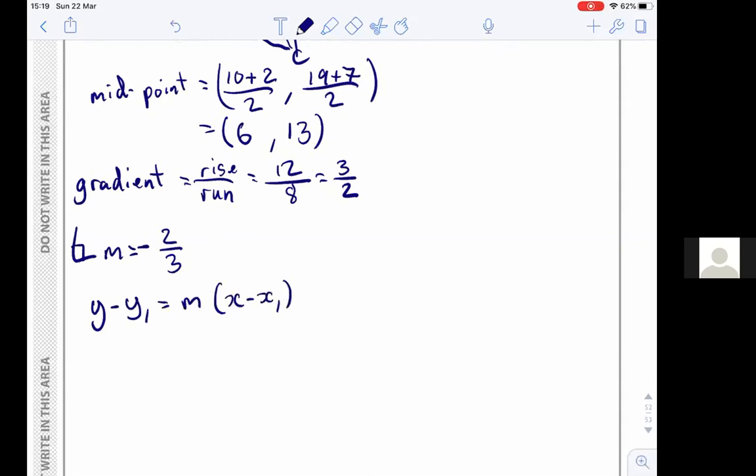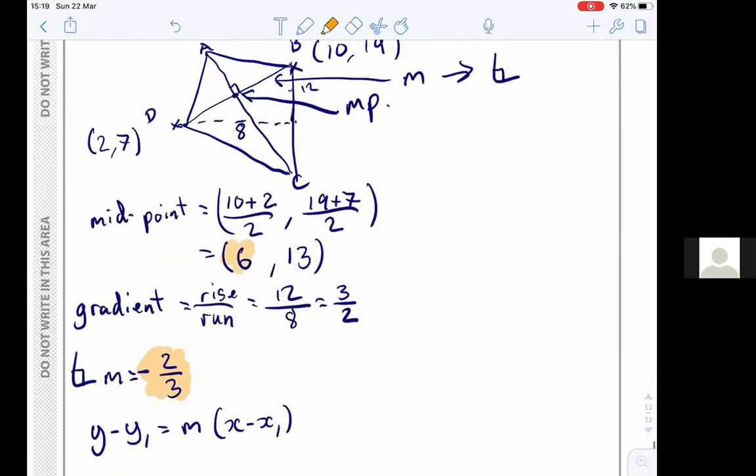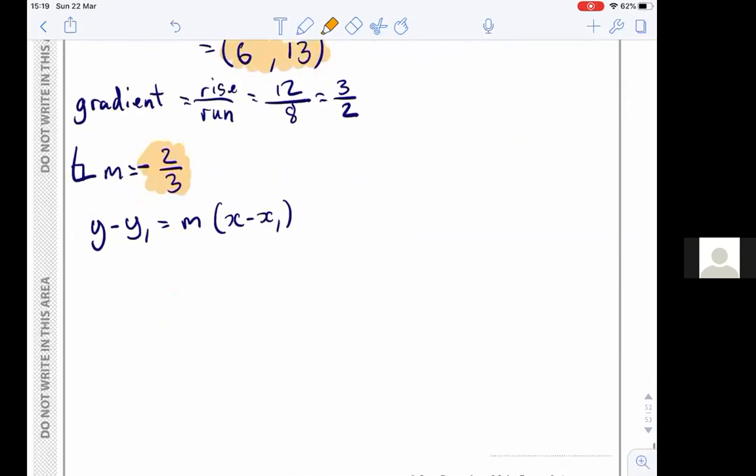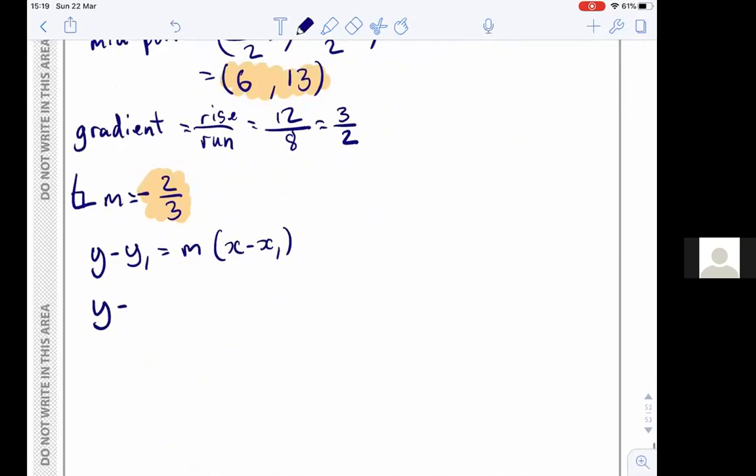Or you could use y equals mx plus c to find your c. But the key thing is we've got a gradient of -2/3, and we know that it passes through this midpoint of (6, 13). Okay, so y minus 13 equals -2/3 (x minus 6).